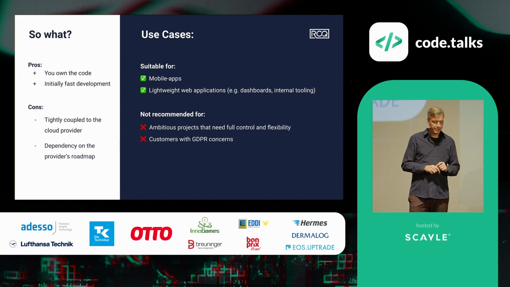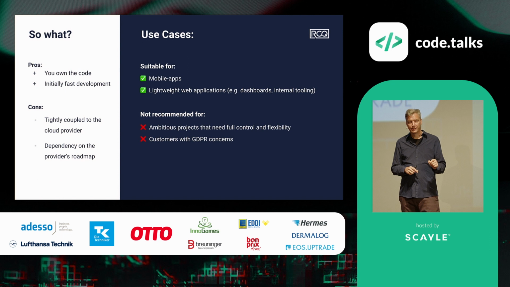The problem with this approach is if you go with GCP or AWS, then you will be tightly coupled to the cloud provider. They give you this tooling for free because it locks you into their services. If you use Amplify, you will stay with AWS forever because your code is mixed up with the infrastructure.